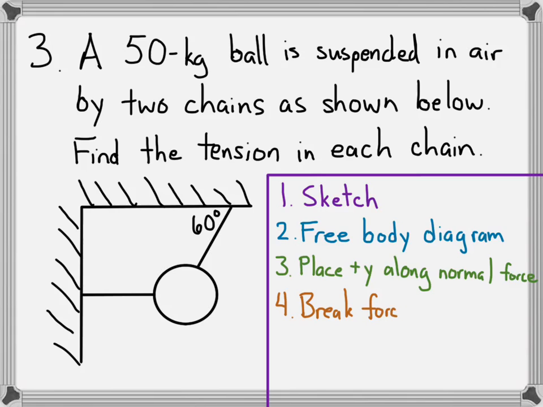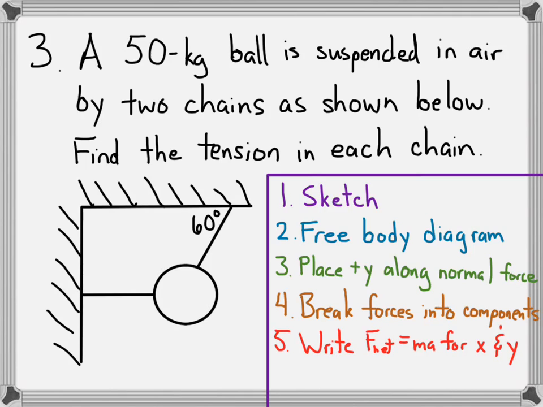The fourth step, we want to break down forces into their components. The fifth step is to write F net equals ma, Newton's second law, for both of the directions. And then finally we're going to get a system of equations that we want to solve. So that's our six-step process for solving problems involving Newton's second law.